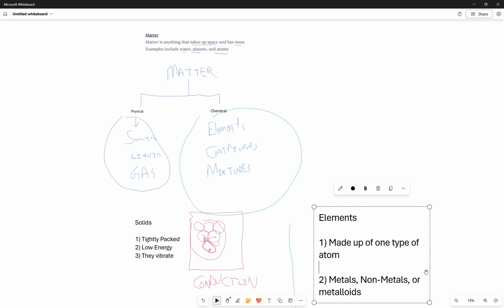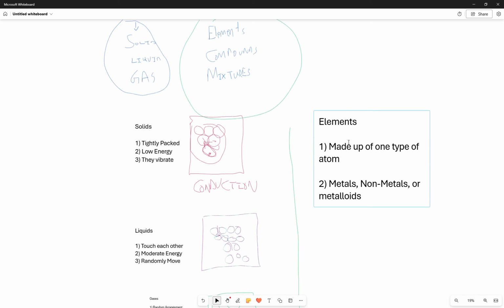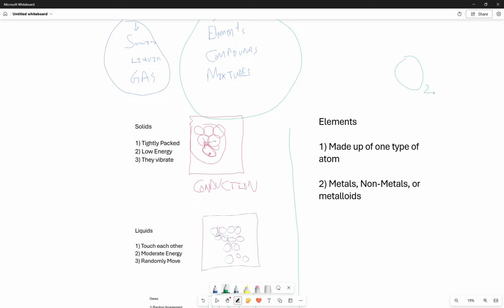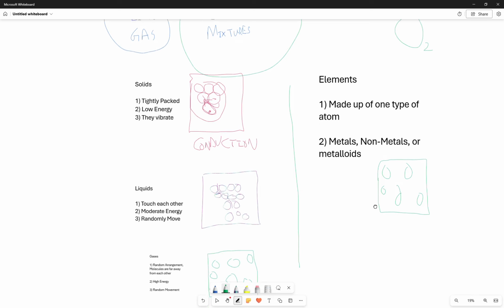We'll talk about these when we look at the periodic table, but just understand the idea of elements. For example, oxygen. We all breathe oxygen. Oxygen is an element. So if I have a box and I only have oxygen atoms in it, this would be an element.